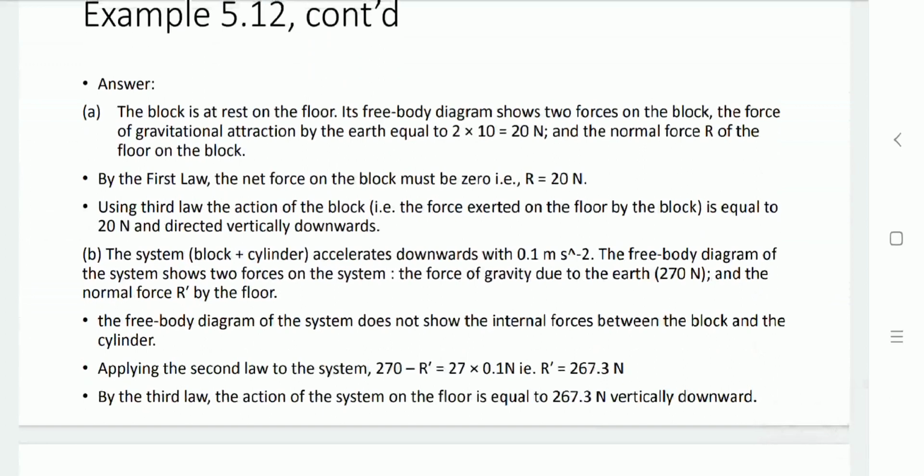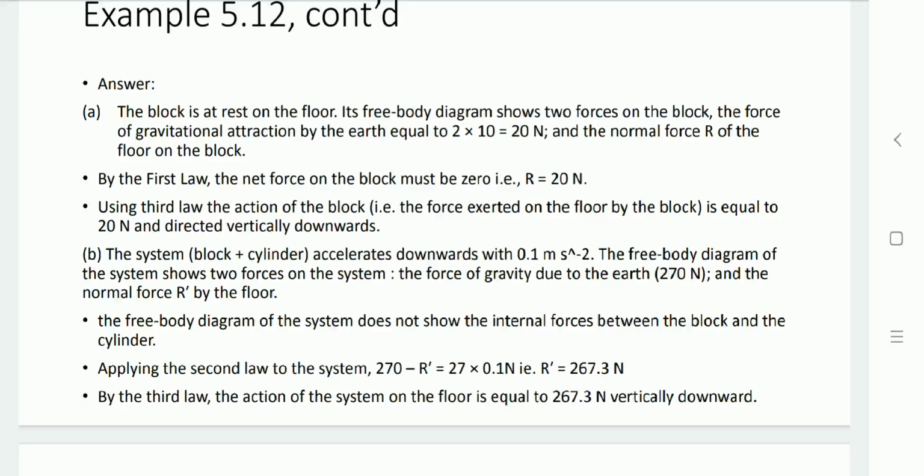So here we have 270 minus R dash equals 27 into 0.1, which is 2.7 Newton. So R dash is 267.3 Newton. So here we can say that the vertically upward force is 267.3 Newton and the vertically downward force is 270 Newton.